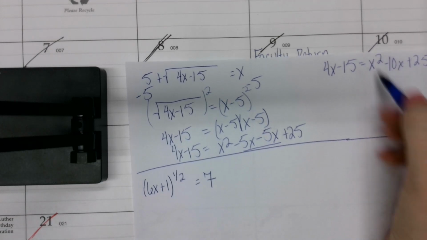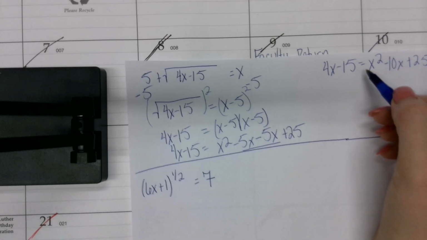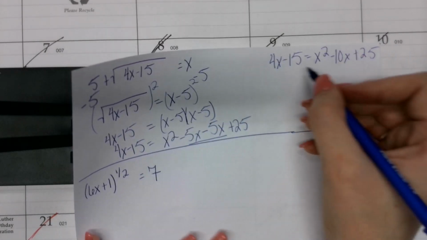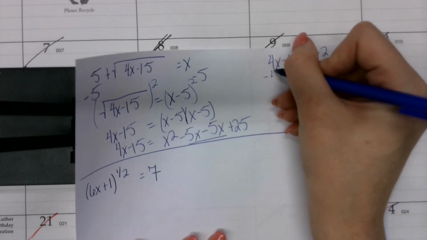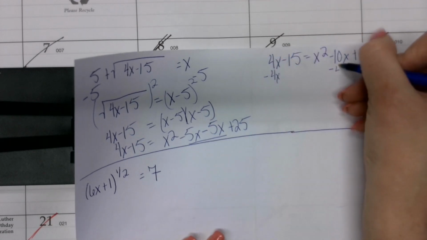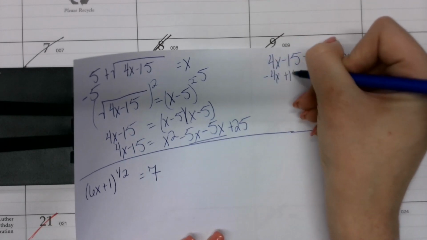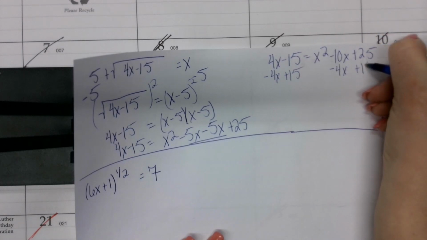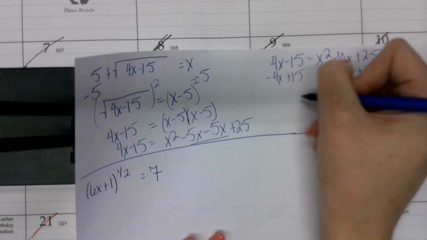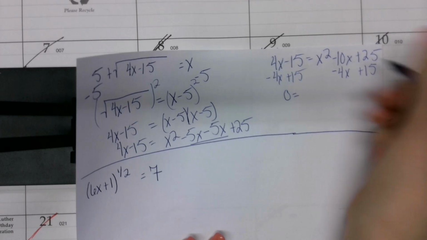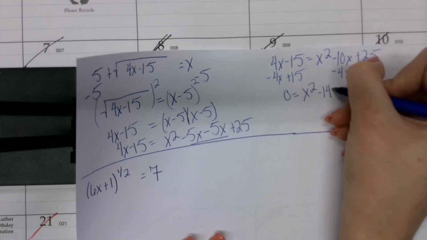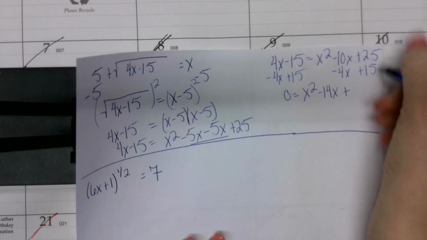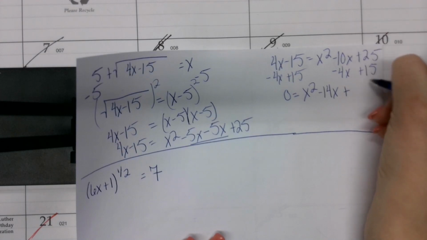Since I don't have anything to cancel my x squared with on this round, I'm going to move this 4x subtract 15 over here. So subtract 4x and add 15. So I have 0 equals, I'm going to run out of room, x squared subtract 14x plus 40.